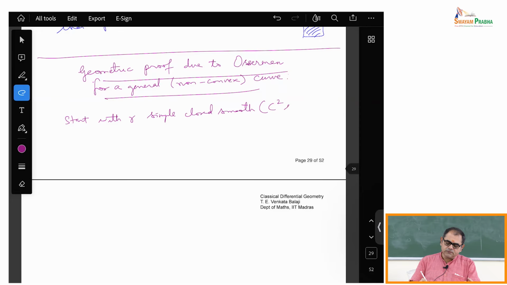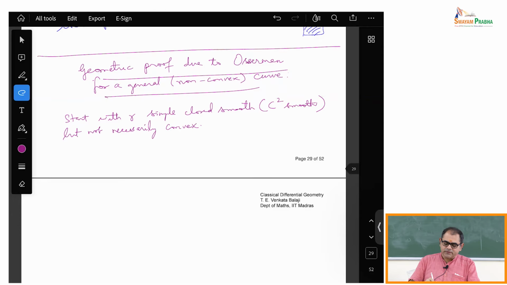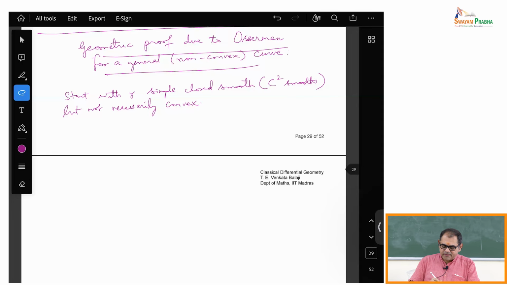at least so that I can talk about the curvature function at least as a continuous function, but not necessarily convex. So you see, the idea is that you're looking at a curve which is not necessarily convex like this.